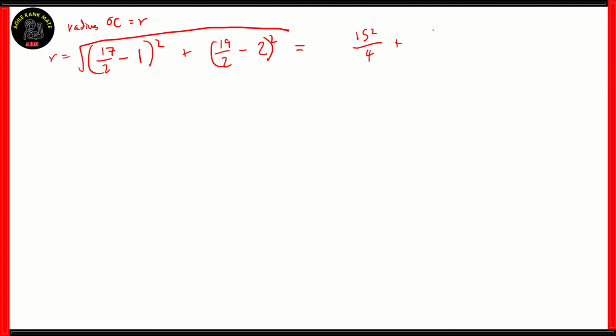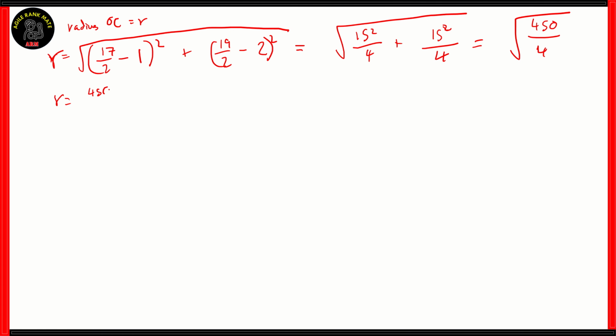So again, that also becomes 15 squared over 4. 15 squared is 225, so 225 times 2 would give you 450, and the denominator still stands as 4. So we're going to consider r to be equal to 450 over 4, the whole of that under a root.